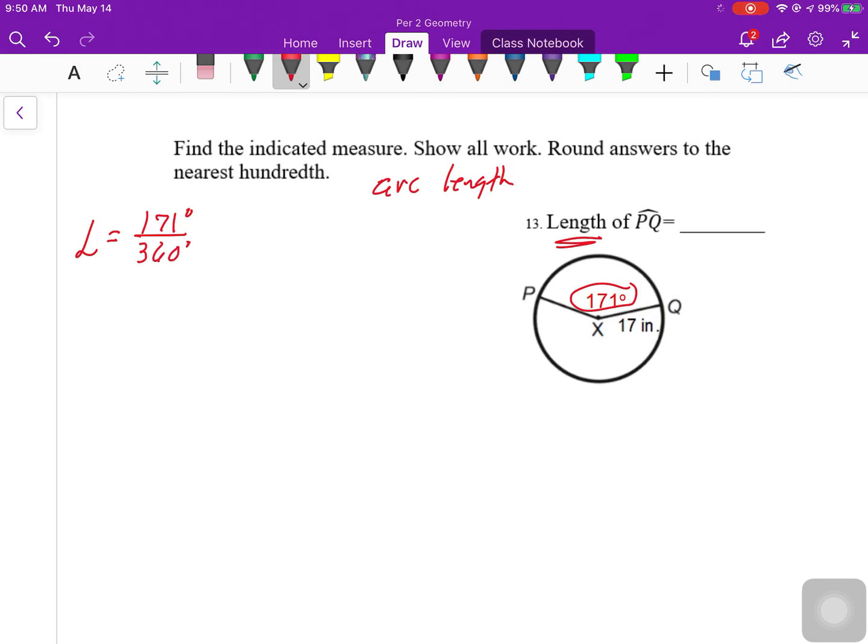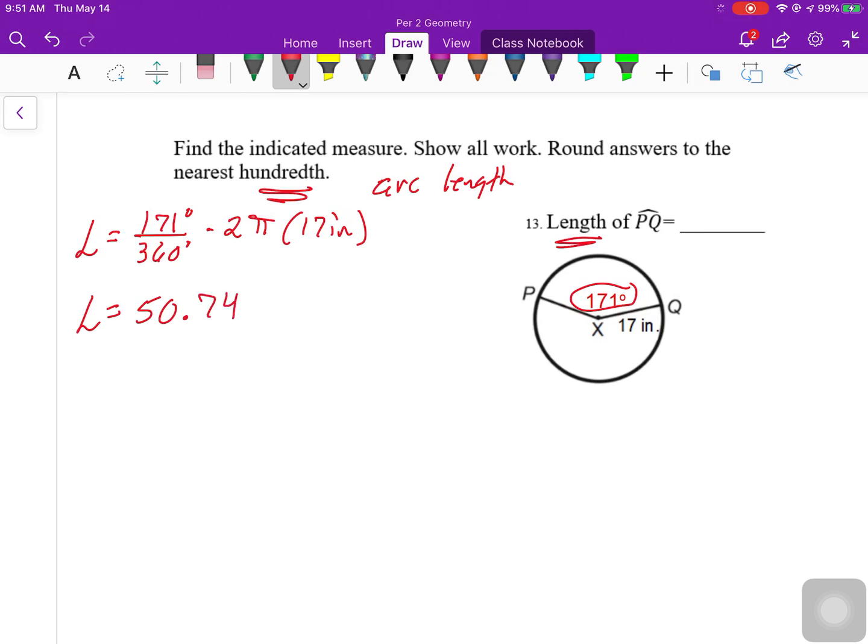So the fraction of the circle would be the number of degrees, 171 degrees out of 360 degrees. That's the fraction of the circle, times 2 times pi, and then times the radius, 17 inches. That's how we find the arc length: the fraction of the circle, the degrees over 360, times 2 times pi times the radius.